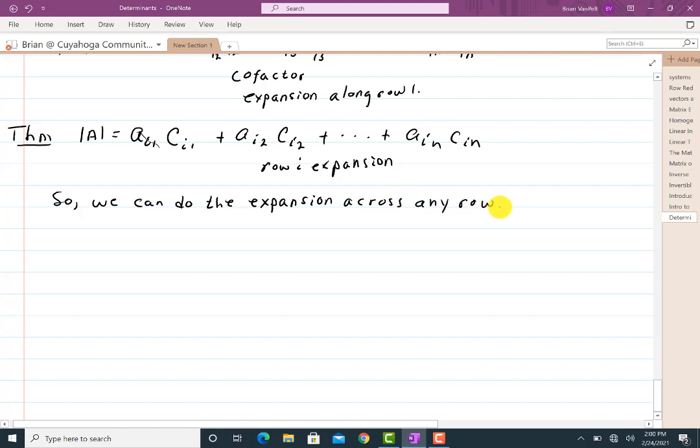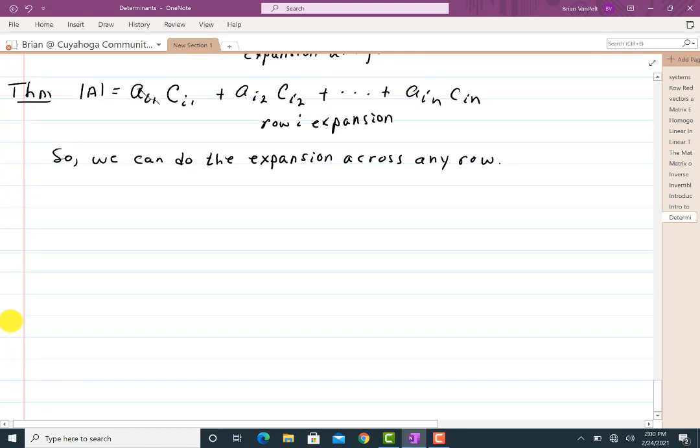So let's redo the last example. Now I'm not going to prove this because the proof is very lengthy and I'm not sure that it does any good. So let's do an example of what I'm talking about, going across any row.